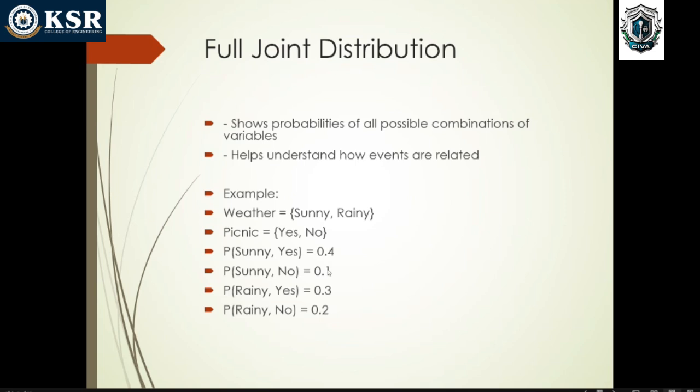Then the weather is rainy and I go for a picnic, its probability is 0.3, and the weather is rainy and I do not go for a picnic, its probability is 0.2. This way the probabilities of all the combinations of chances are stored in tabular format in the full joint distribution. Now we are going to see the visualization of this full joint distribution.